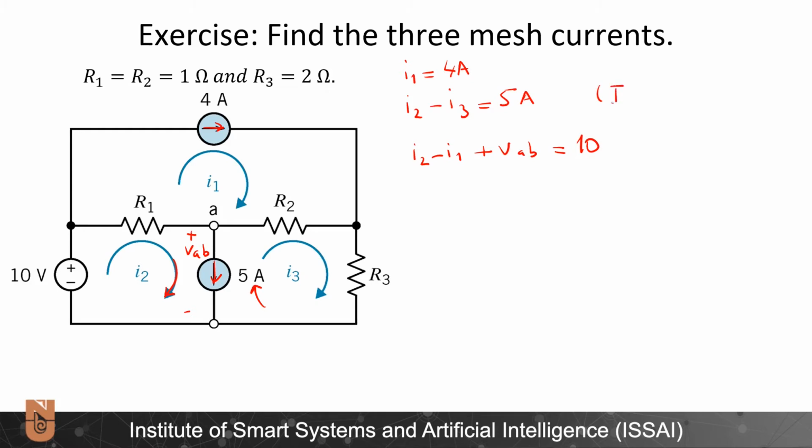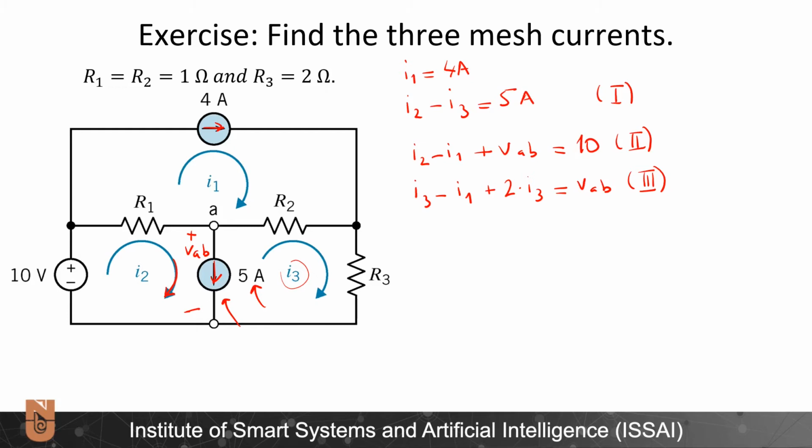So this is the first equation, this is the second equation, and let me write the third equation for this loop. I3 minus I1 times R2, which is equal to 1, plus R3, which is 2, times I3, is equal to, I am entering from the negative sign of VAB, therefore I write it to the right side, VAB. So I write this as my third equation.